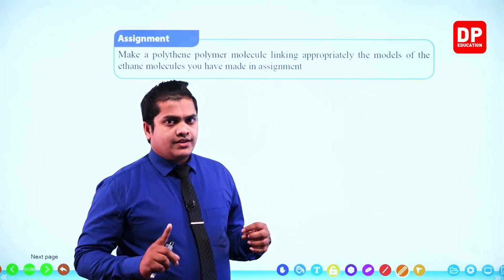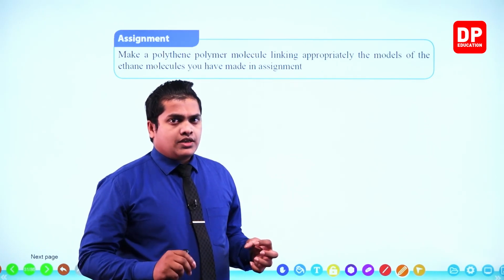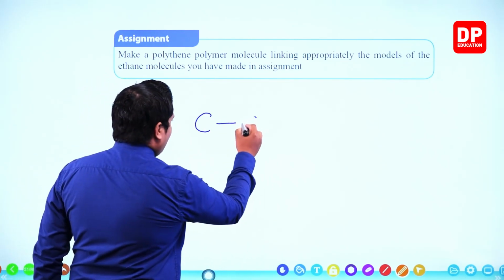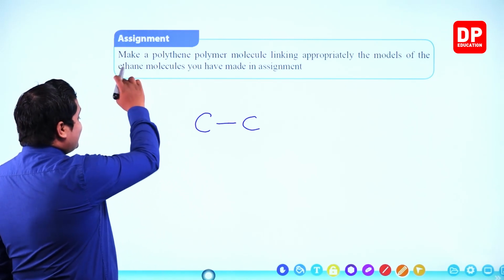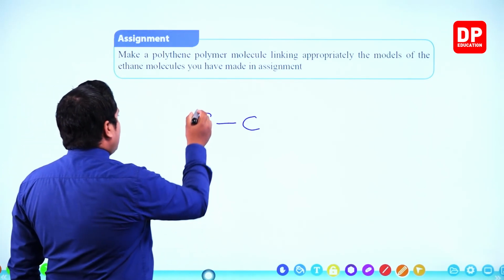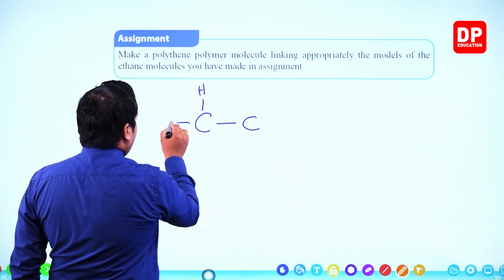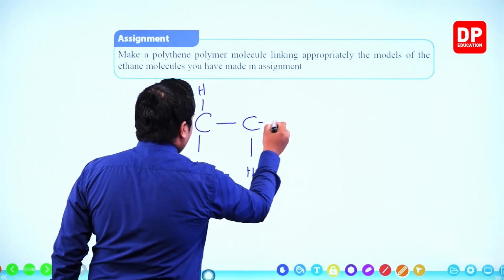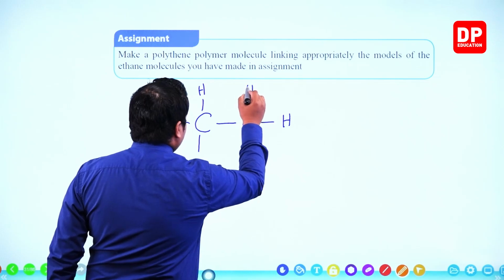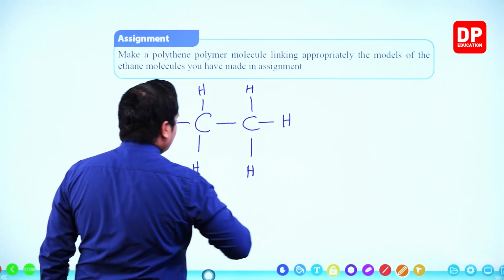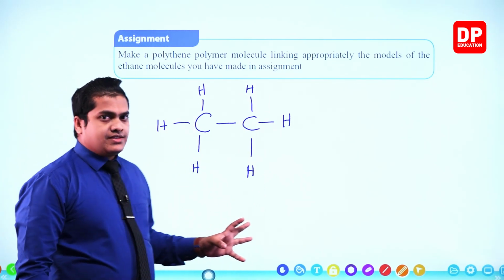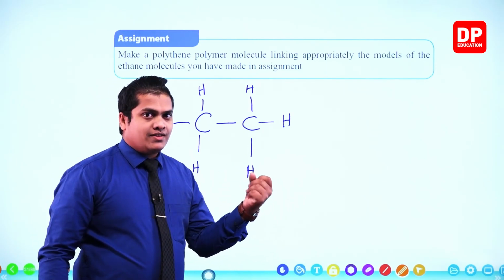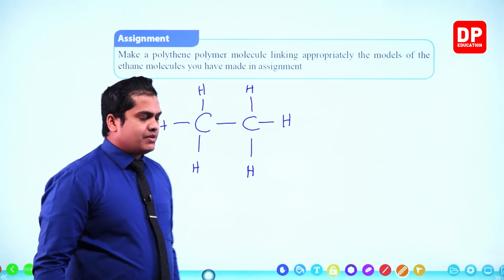Over there we created the ethane molecule. Ethane is like this, C2H6, all of these are single bonds. 1, 2, 3, 4, 5 and 6. Now, by using this, what do you have to create? You have to create polythene. What do you have to do? Very simple, my dear children.